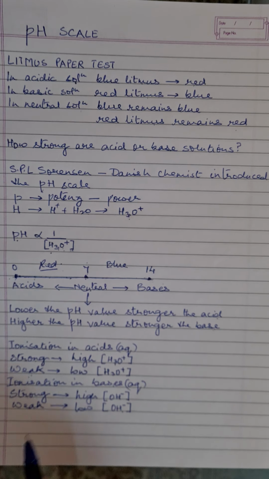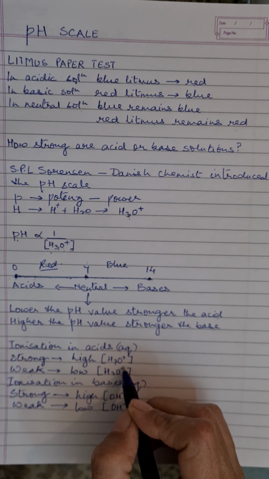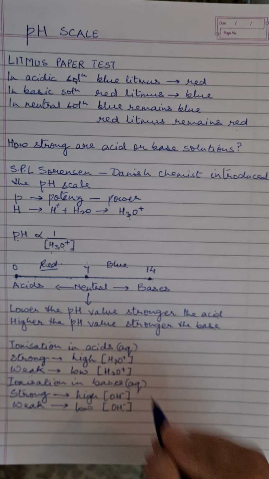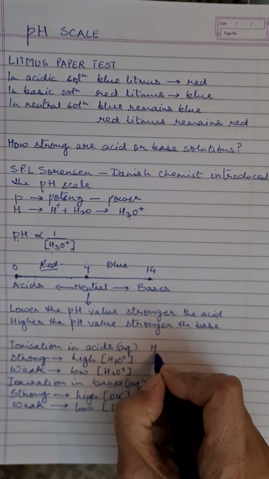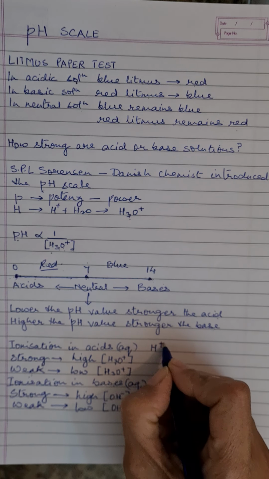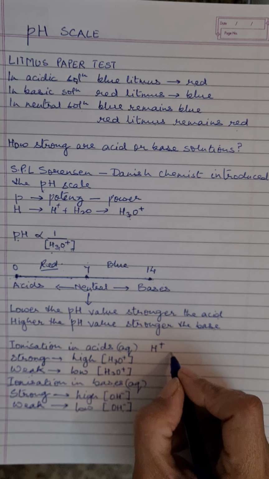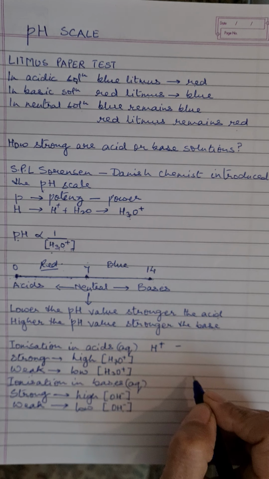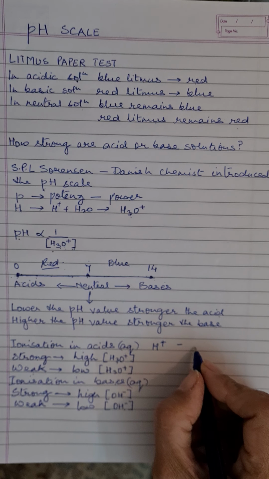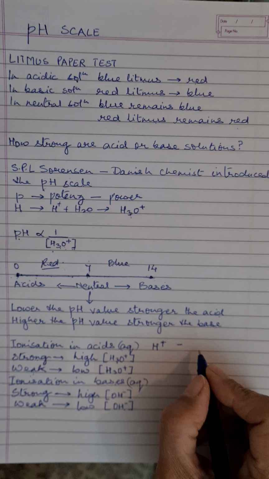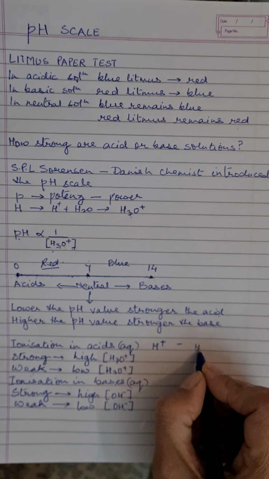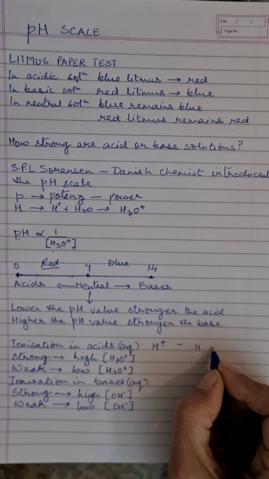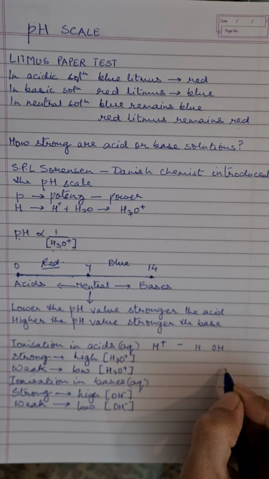Now, whenever an acid dissolves in water, it will have the H+ ions from the acid and you'll have a negatively charged ion. The water molecule will auto-dissociate or auto-ionize again to form hydrogen ions and you'll have the OH- ions.